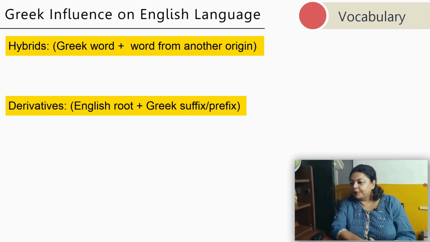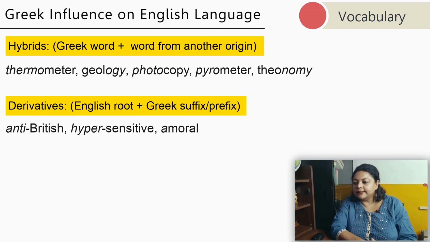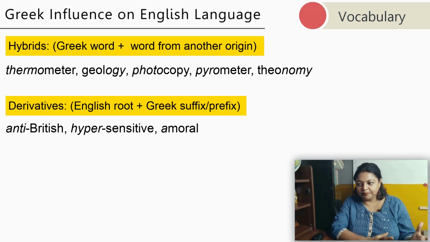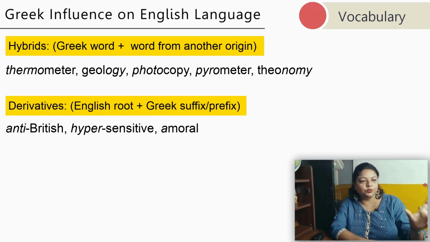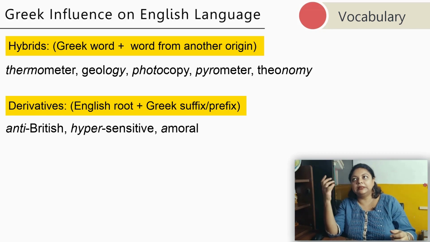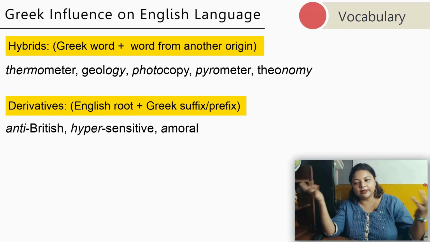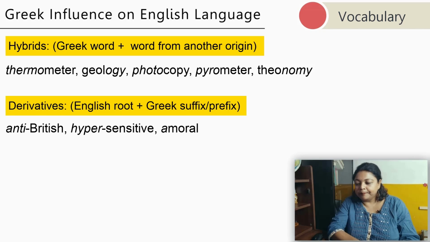For example, Greek prefix with English words were seen in words like anti-British. And then you have hypersensitive. Now, hyper is a Greek prefix. Greeks used to use this word hyper, and English people added an English word to it, sensitive, and it became hypersensitive.